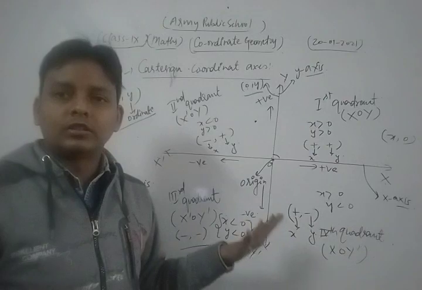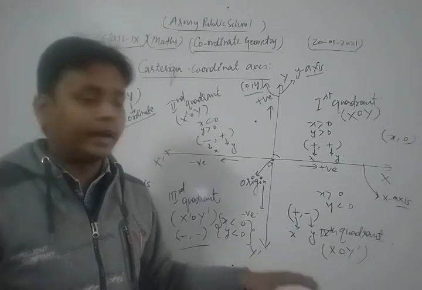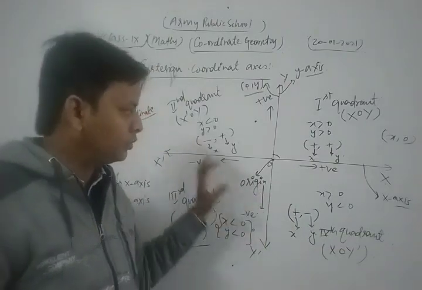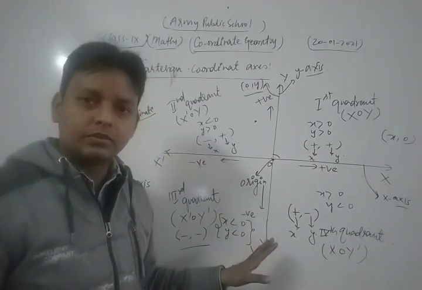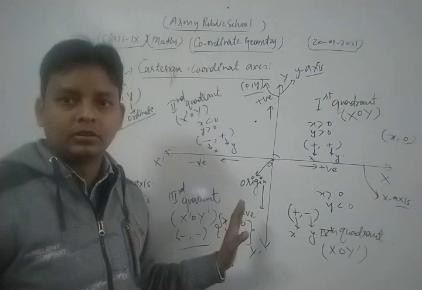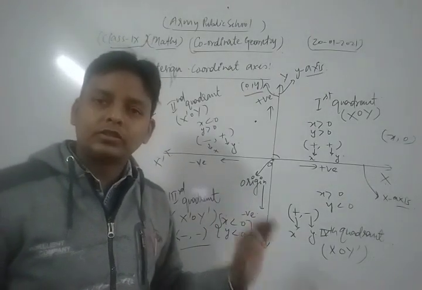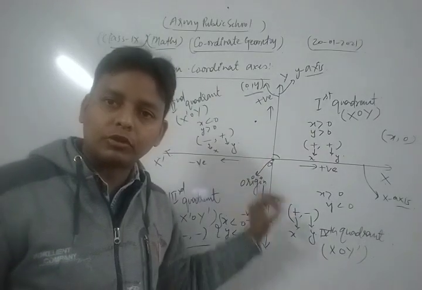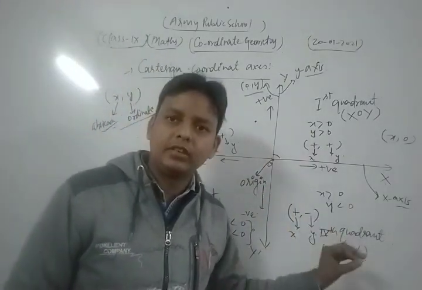Thus, dear student, in this way we cleared the concept of the Cartesian coordinate system and all the important facts related to the axes that we discussed here. Now, first of all, revise all the important concepts related to these figures.